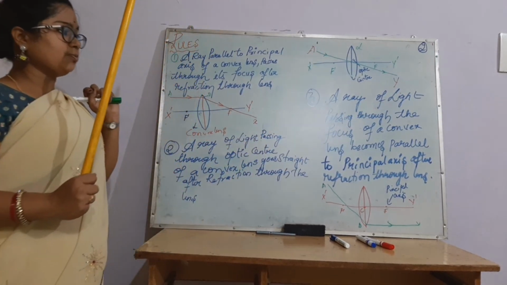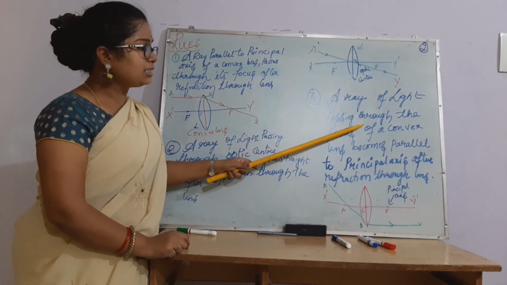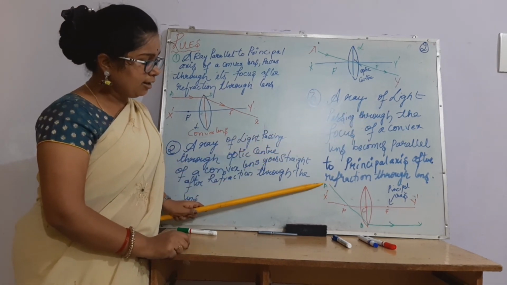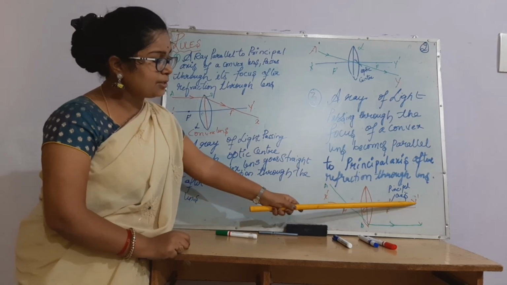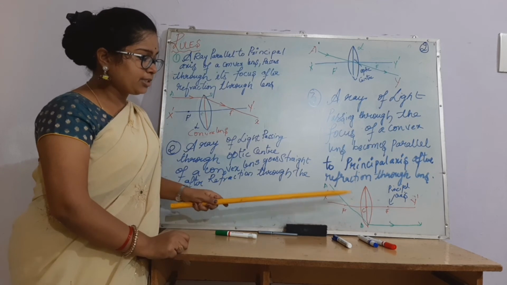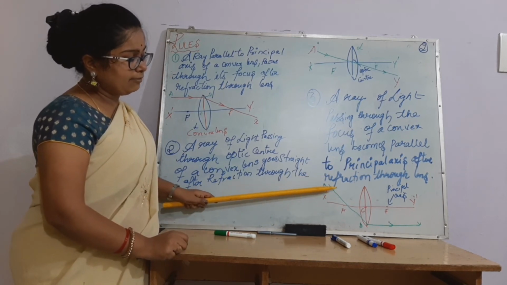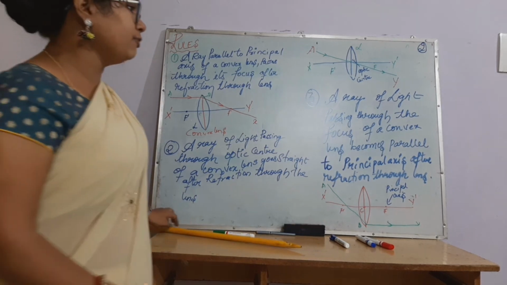Okay, the third rule is: a ray of light passing through the focus. X dash Y dash is the principal axis, C is the optic center, and a ray is traveling through the focus here.